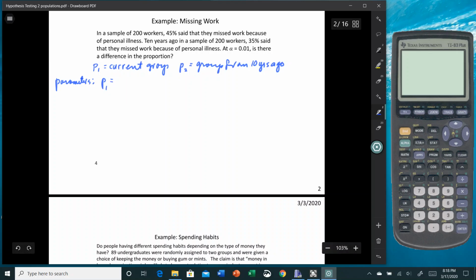P1 is the proportion of workers who missed work due to personal illness from population 1.